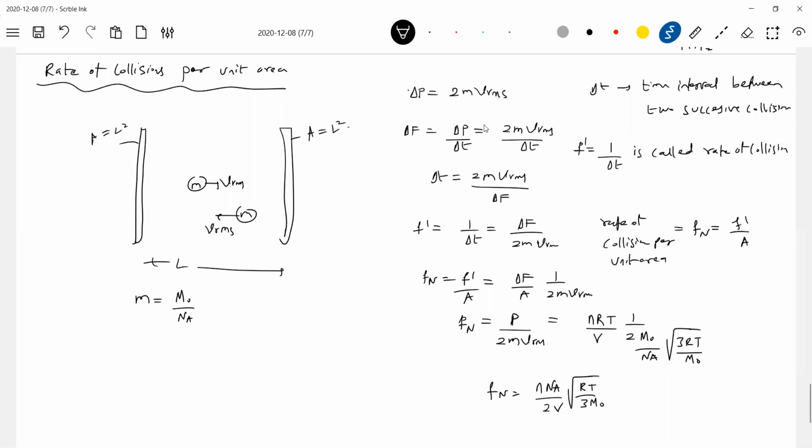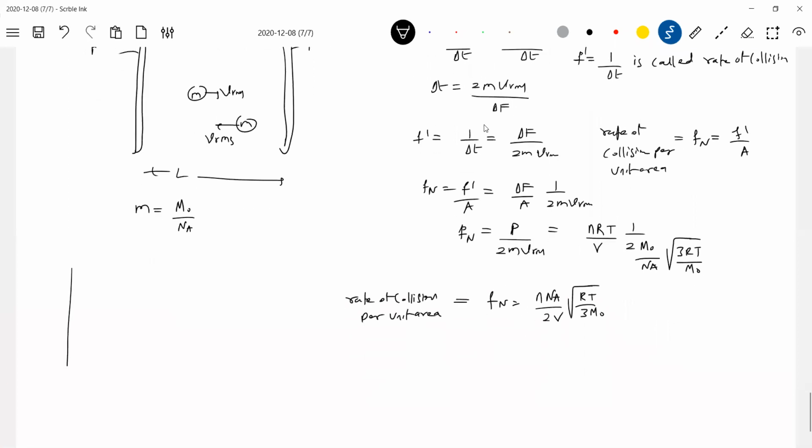One more very important concept: this is called the rate of collisions per unit area. So what is the use of this? Let's do one thing. I will fill a container with helium and oxygen. Helium is monatomic, oxygen is diatomic.